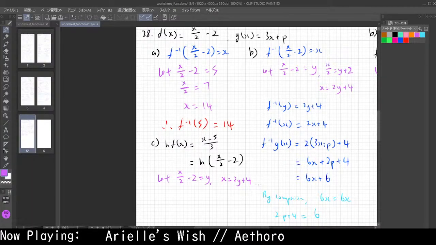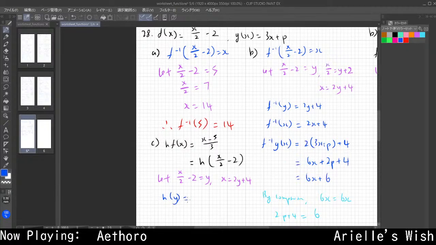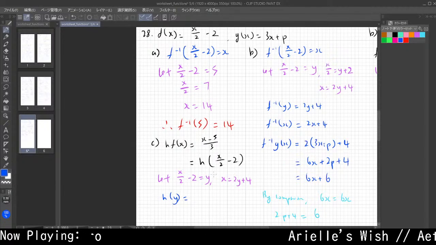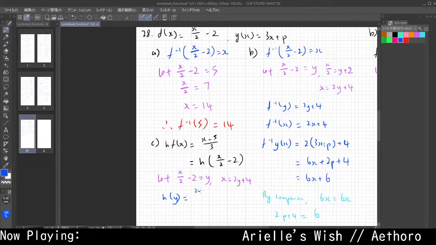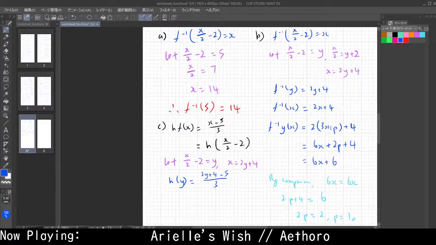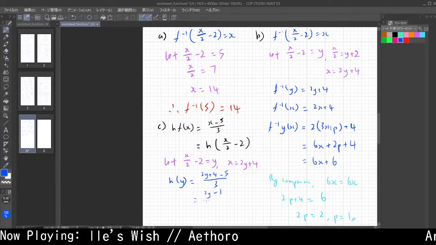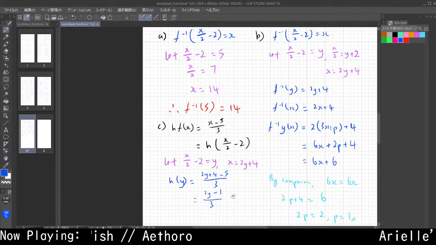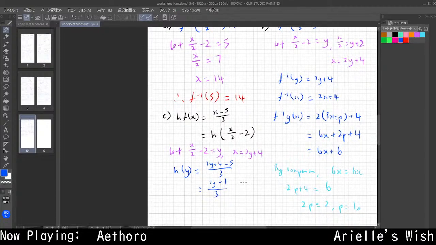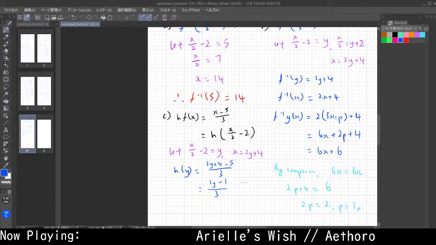x equals 2y plus 4, so h(y) equals, substituting in, (2y plus 4 minus 5) over 3. So you get 2y plus 4 minus 5 is minus 1, so (2y minus 1) over 3, and with this you can't do anything else, so this should be your answer.